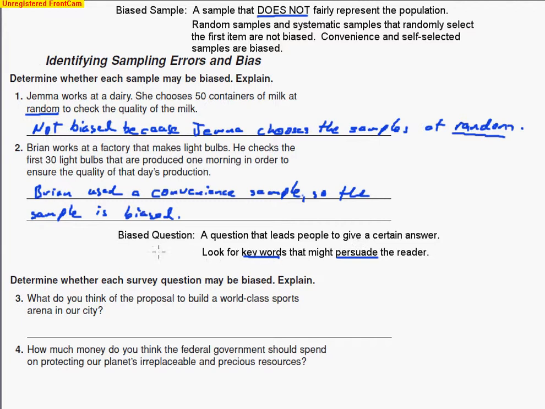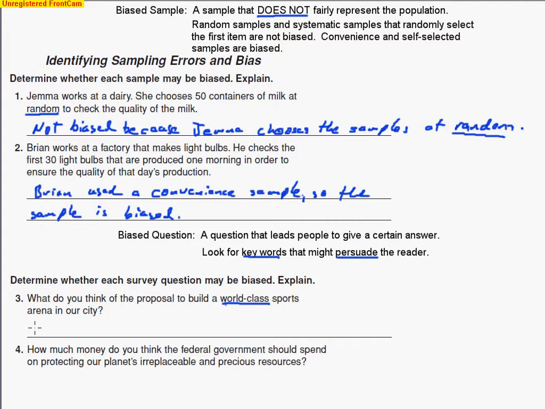So let's take a look at the first one here. What do you think of the proposal to build world-class sports arenas in our city? World-class. Does that tell you that it's a really nice sports arena or just a regular old sports arena? Those two words tell us that they really want us to go with this sports arena, because they're going to make it world class so that everybody wants to come here, and so that we'll earn a lot more revenue with people going out to dinner and whatnot.